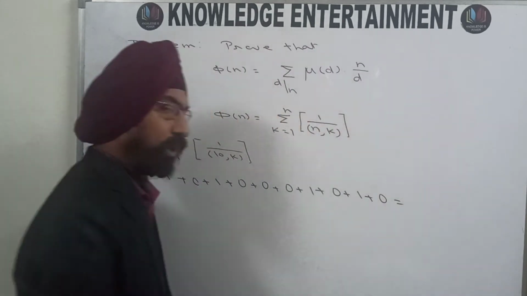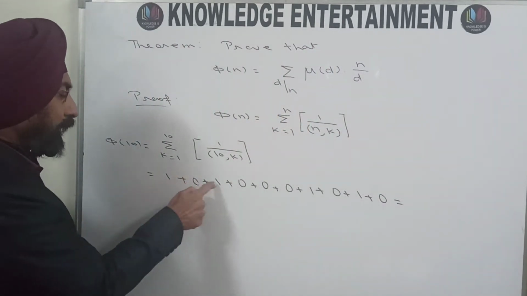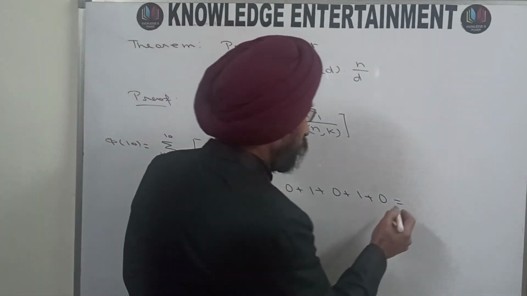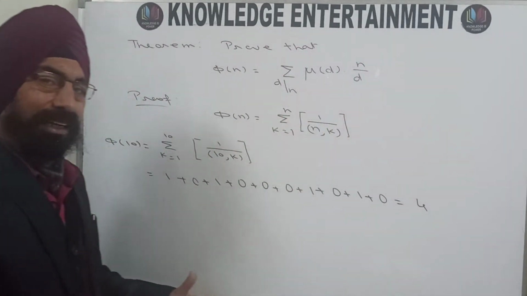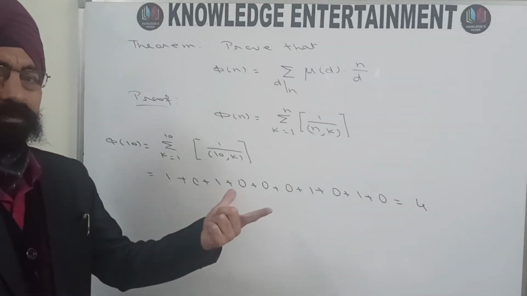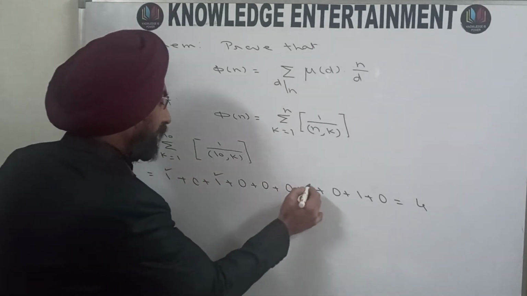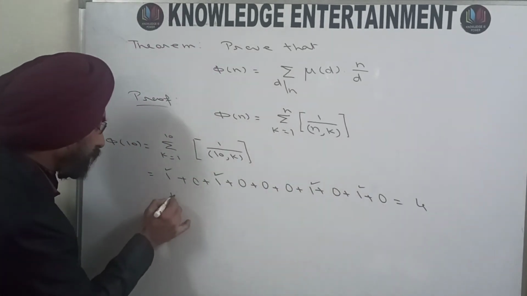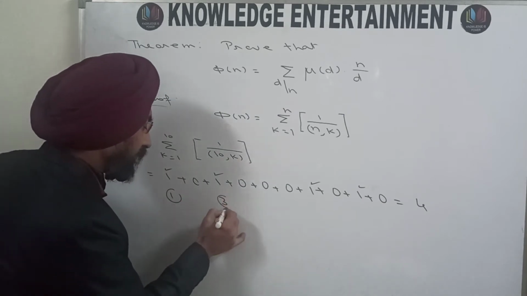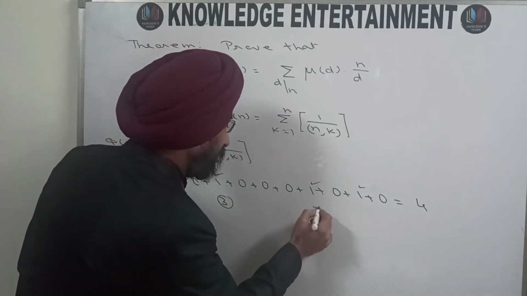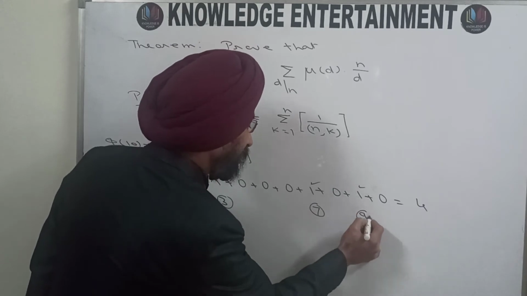So the value you are going to get is 1 plus 1 plus 1 plus 1. So it is 4. And you will get 1 every time the GCD is 1. Here you were having the number 1, here the number 3, here the number 7, here the number 9.